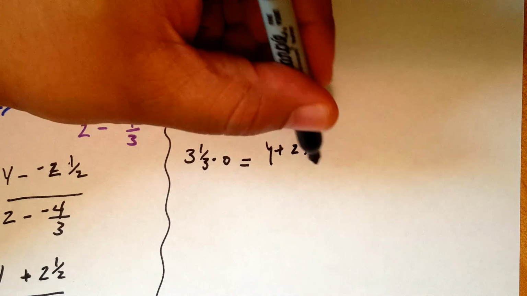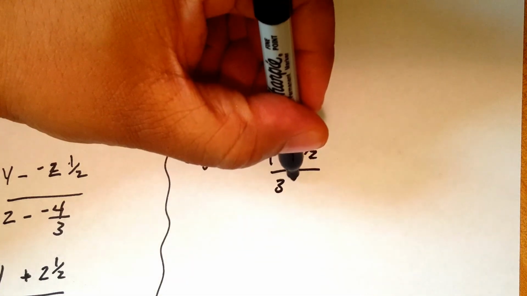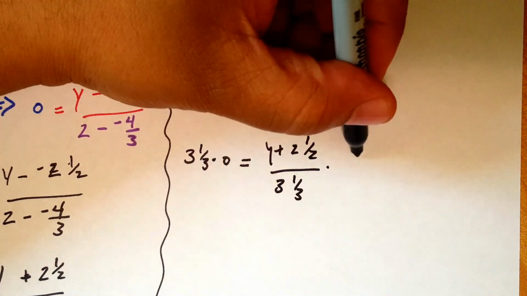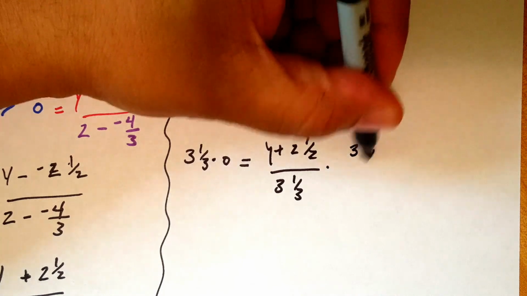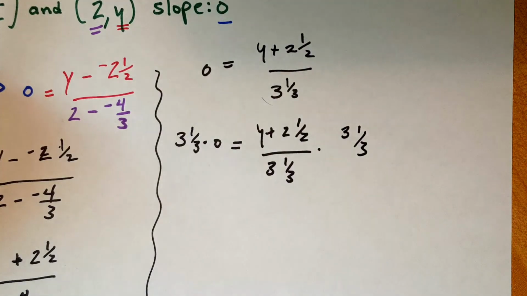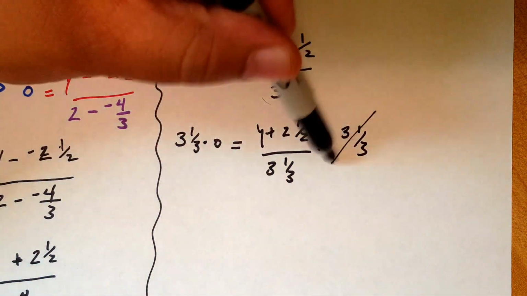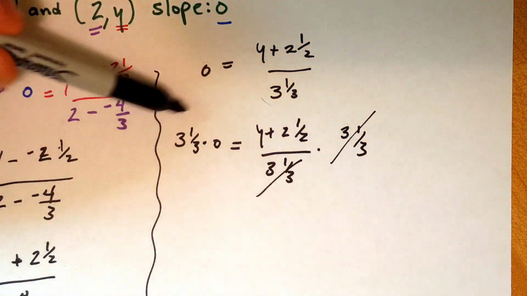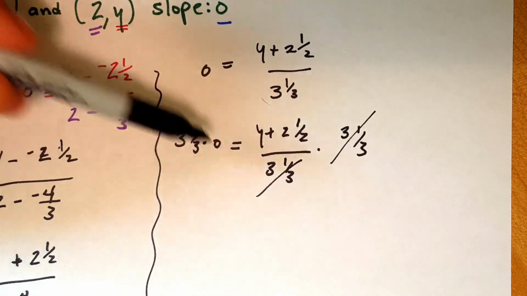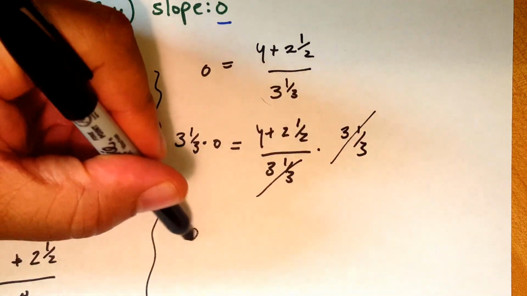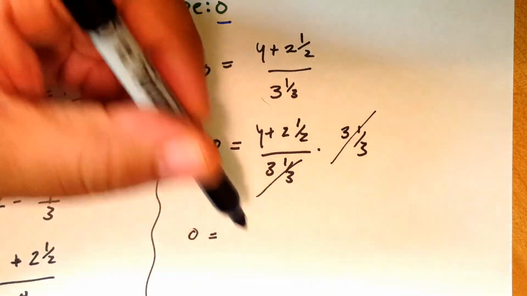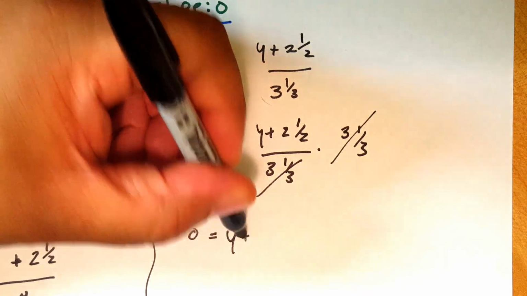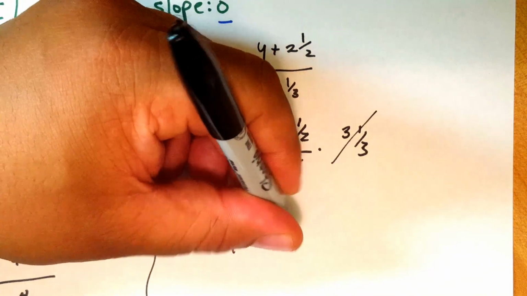And by doing that, what I can do is I can cancel out my 3 1/3, and it works out well for me over here. 3 1/3 times 0 is just 0. So now I have this equation: 0 is equal to y plus 2.5.